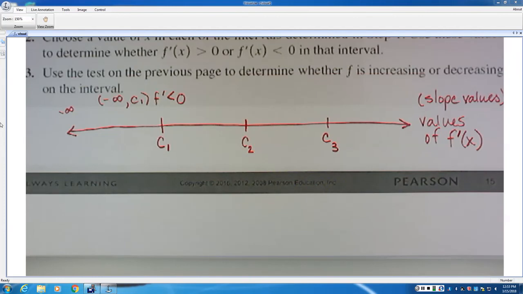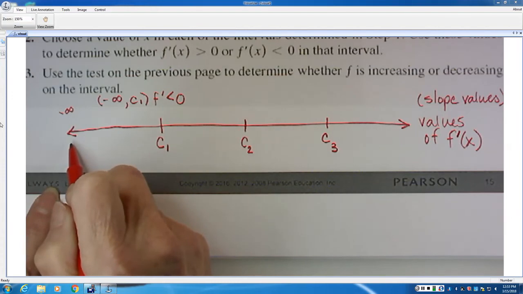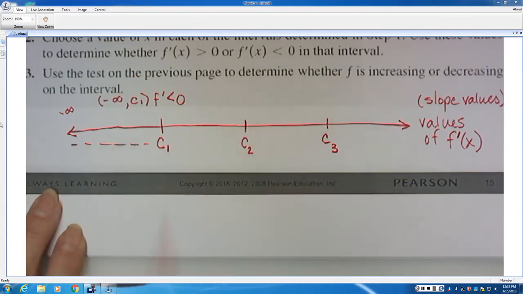Is the function increasing or decreasing on that interval? If the value of the derivative is negative all along that interval, what's the function doing? Not the derivative. What's the function doing? Is it going uphill or downhill? Downhill. Going downhill. Okay, it hits the critical value. That's where the derivative is equal to 0. Then what does the function do?